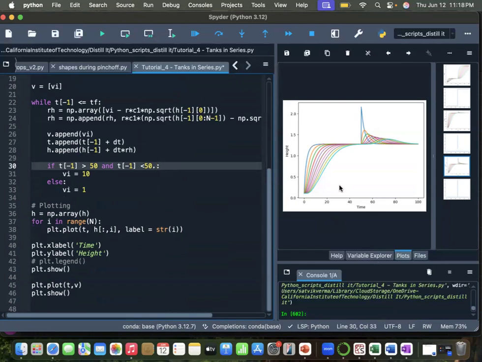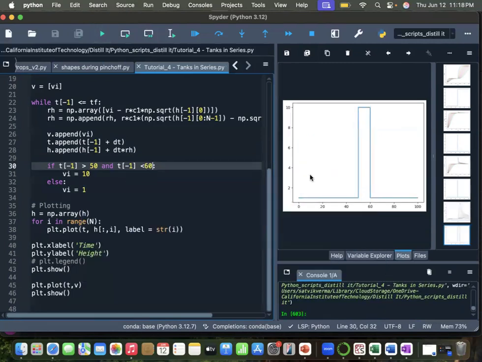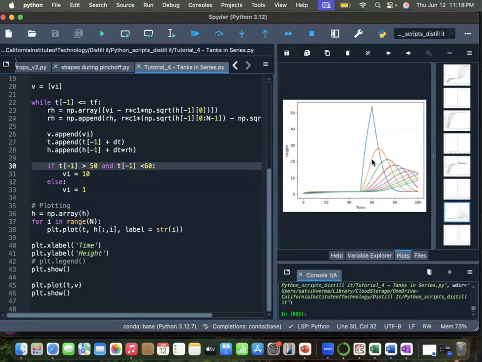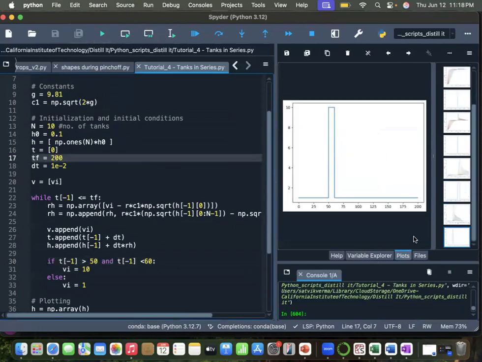I would really love to see what happens if we keep it for longer times. So let's say I'm keeping the velocity as 10 for 10 seconds. And in that case, we see a much more interesting behavior. And let's just observe this for a little more time.